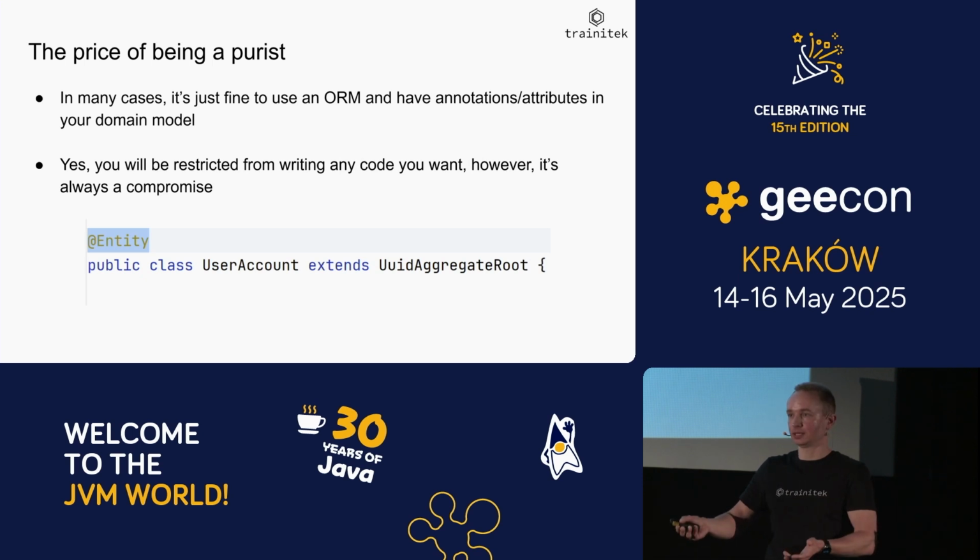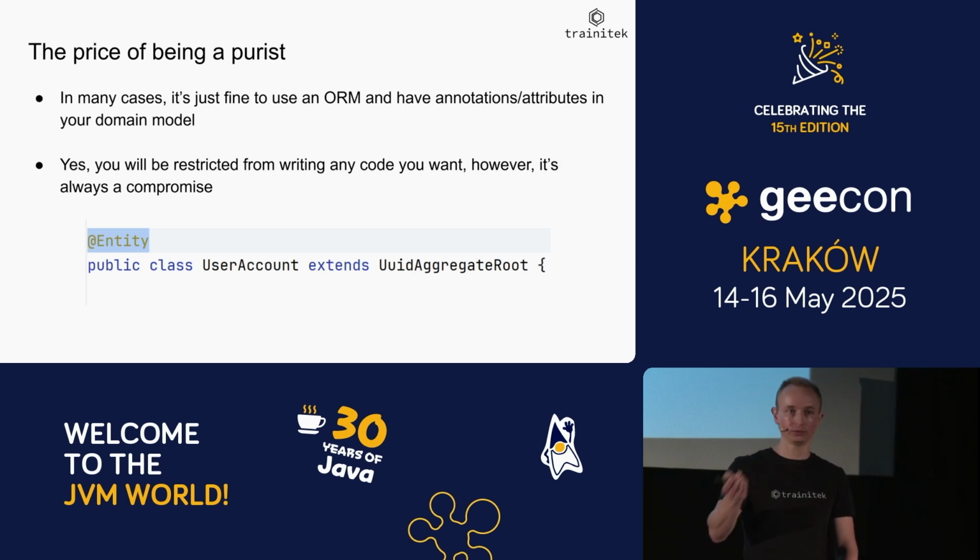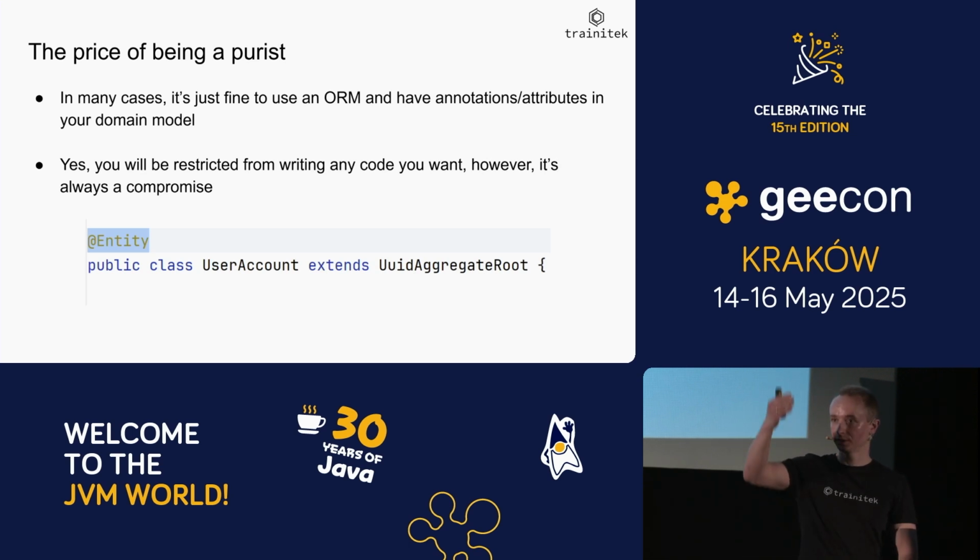Again, there is a price of being a purist. If you don't want to mix the infrastructure and the domain model, you will have to have one domain model, and another model which will be just annotated, and then you will have more work, and the fun of doing mappings and things like that. But do you really need it?